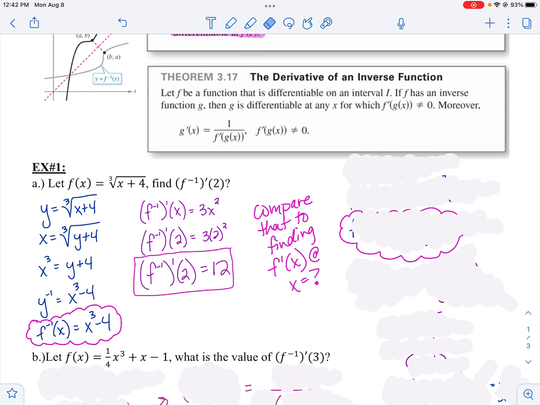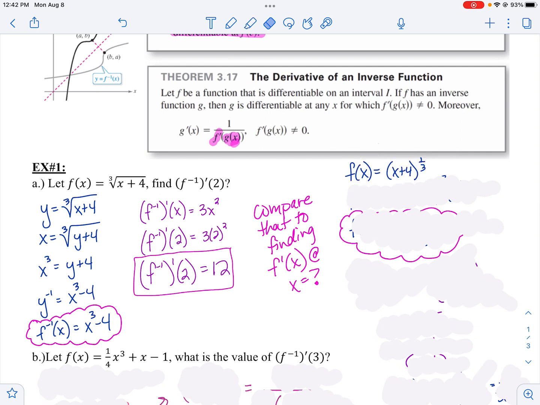I can find the value of the derivative of g, the derivative of the inverse, by first finding the derivative of f at the y value of the inverse and then reciprocate it. What? Okay, let me take it step by step.